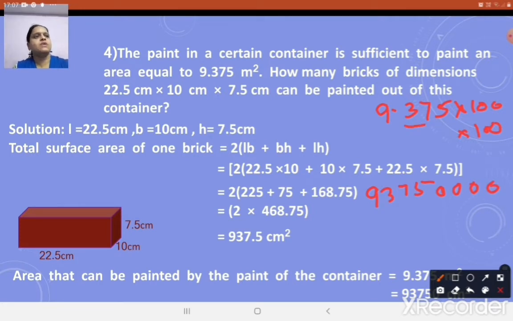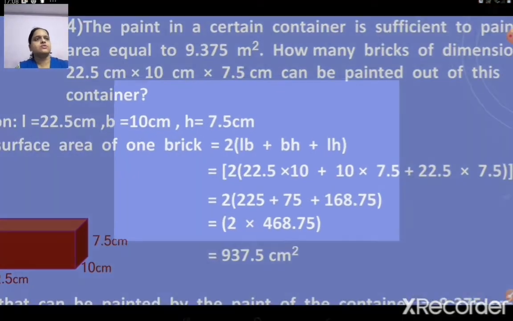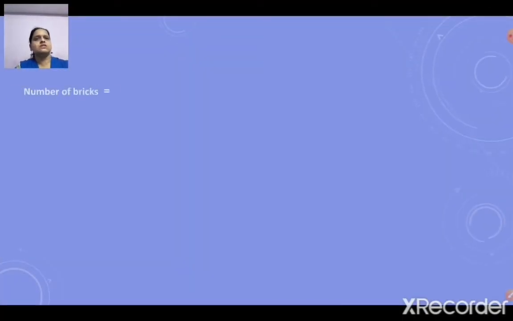But after the decimal point here there are 3 digits. So 1, 2, 3, give the decimal point and cancel these zeros. So you will get it as 93750 centimeter square. Got it? That is how we got the answer 93750 centimeter square by the calculation. So let us continue now.